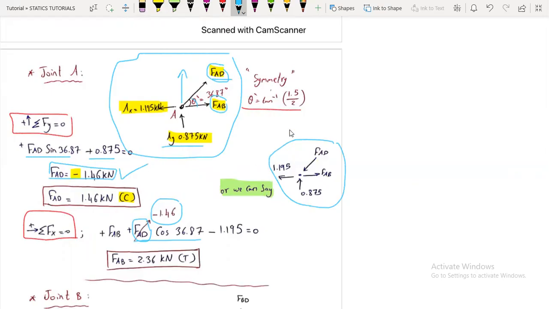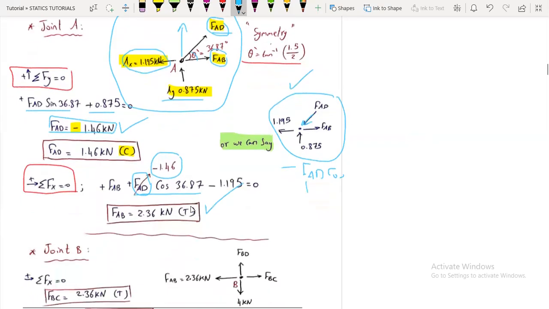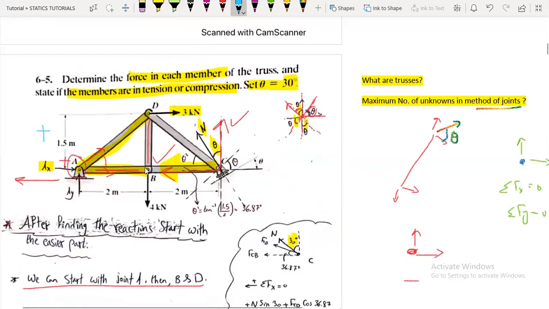If we have redrawn the forces and put it here as a compression force, it will be minus FAD cosine 36.87, where FAD is only 1.46 kilonewtons, minus 1.195 equals 0, and we will get the force. Remember, AB is 2.36 kilonewtons, and since it's positive, our assumption is correct, so it's a tensile force. Now moving on to joint B.